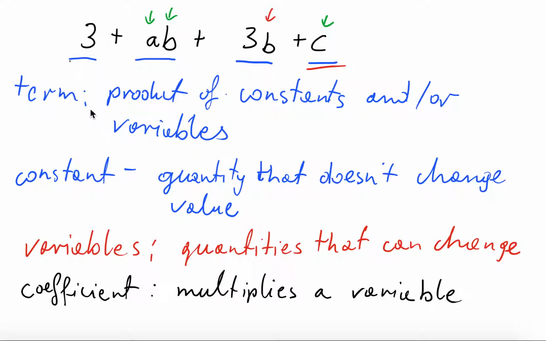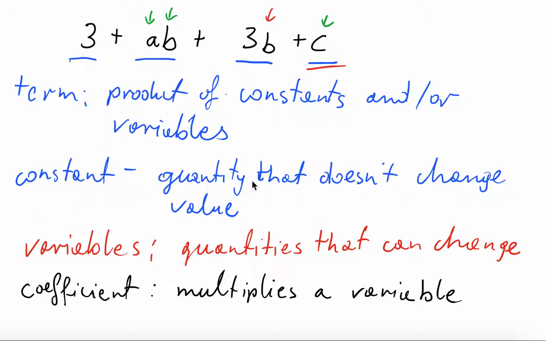So the terms in our expression are: 3 is the first term, a times b is the second term, 3 times b is the third one, and c is the final one. Note, I said c, but in actual fact, this term consists of 1 times c. So there is a 1c over here.